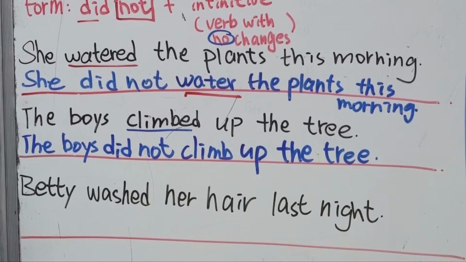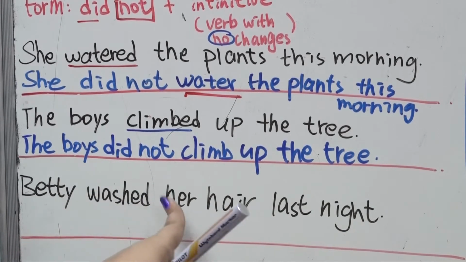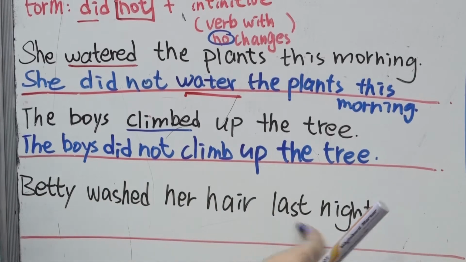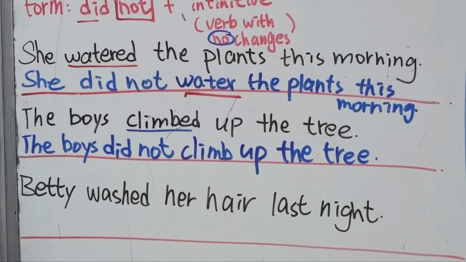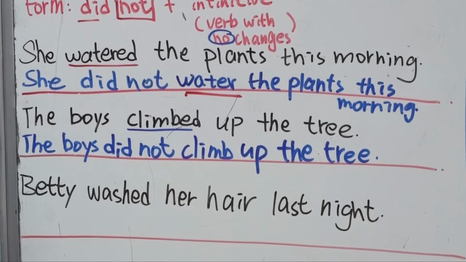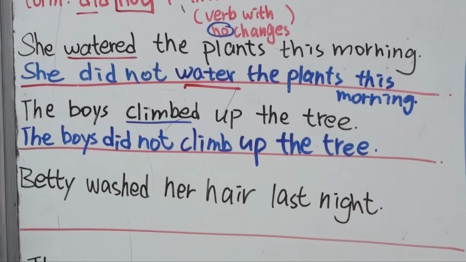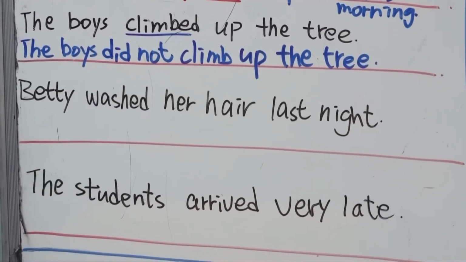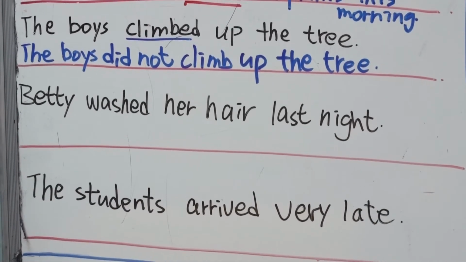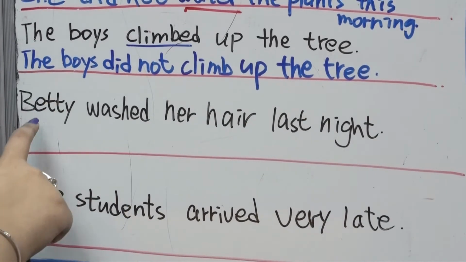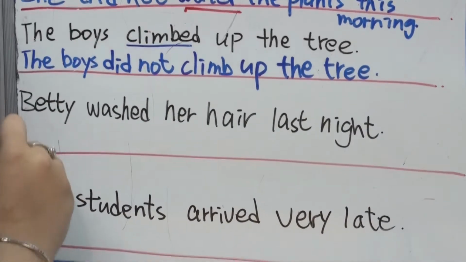Number 3. Let's read. Betty washed her hair last night. How do we make it a negative sentence? Which one is the subject here? Is washed the subject? No. That should be Betty, right?